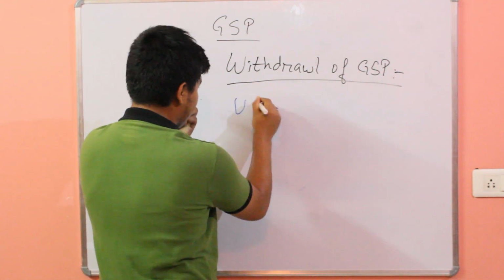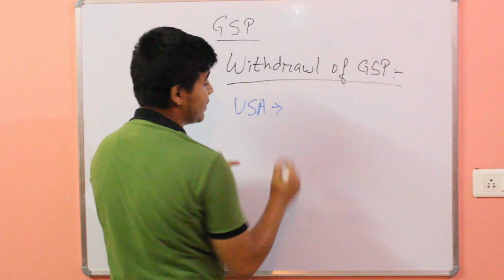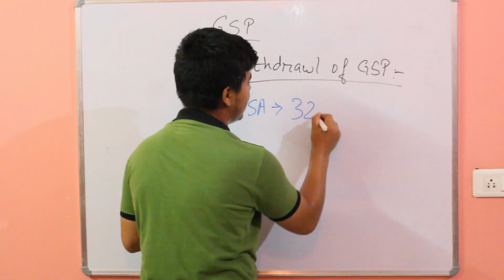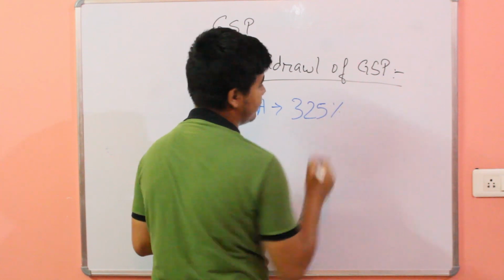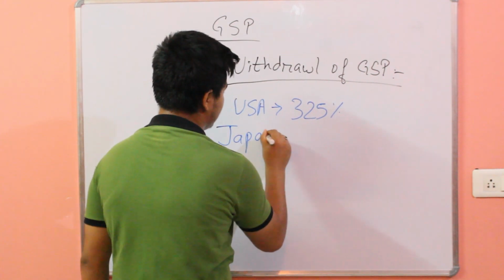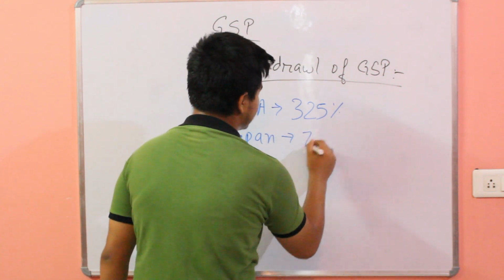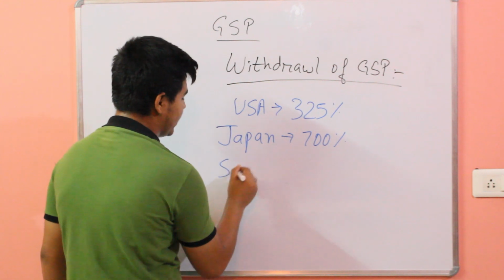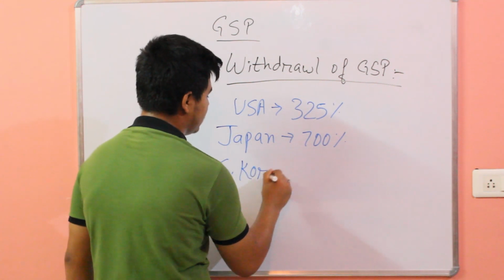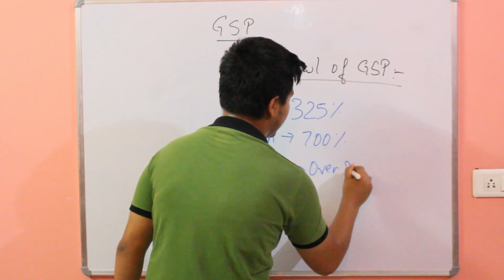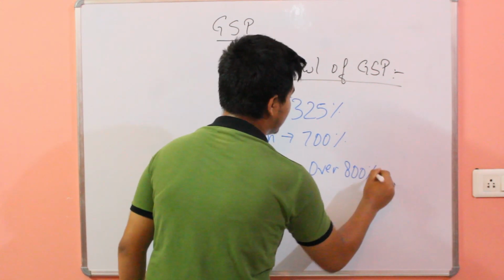Say for USA, I am talking about the maximum tariff. It charges 325% tariff. Japan charges over 700% tariff, and in the case of South Korea, it charges over 800% of tariff.